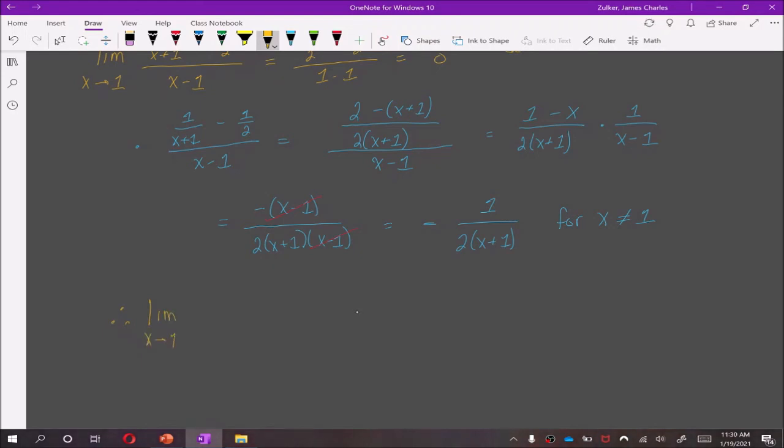So our limit is now equal to the limit of this new function. We'll wind up with negative 1 over 2 times 2, and so we have negative 1/4.